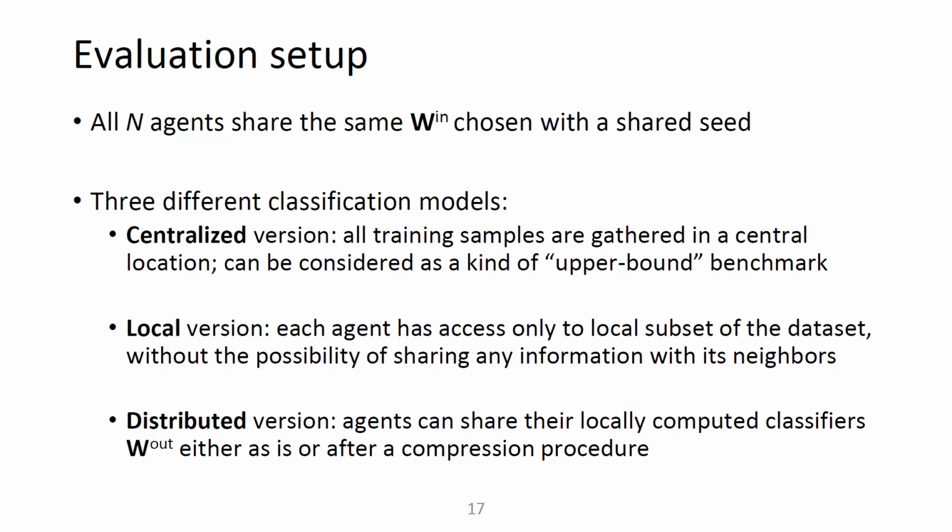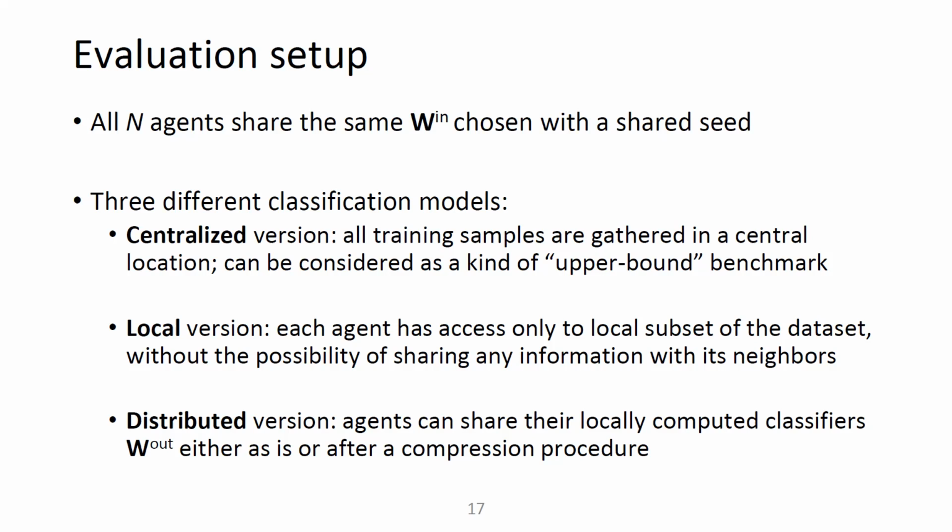Then we have the local version. In the local version, each agent is in the network but is not able to communicate through it, and has access only to a local subset of data and its own training data, and thus is expected to have the lowest accuracy, because, while trained appropriately, it has access to only a small amount of information referring to the overall classification problem.